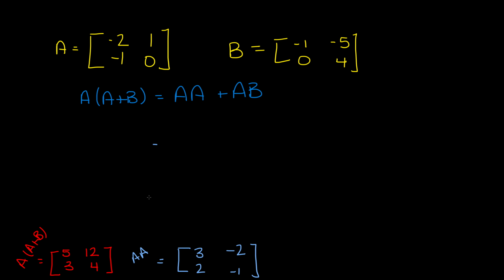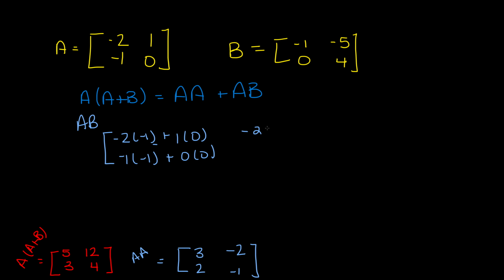Okay, so now let's look at AB. AB is going to be negative 2 times negative 1. This will be a little bit easier, plus 1 times 0, then negative 1 times negative 1, plus 0 times 0, I believe.